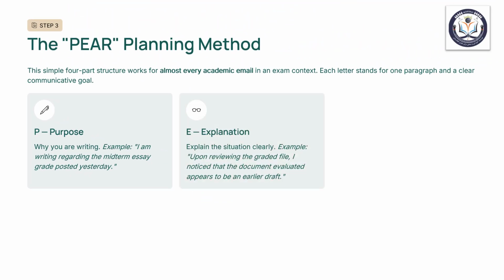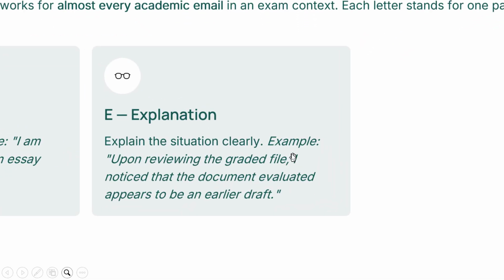The second is the explanation. After writing the purpose, explain the situation clearly. Clearly explain what the problem is and what happened, or anything that the bullet point asks you to do. Especially here we had to explain the problem and how you noticed the incorrect file submission.